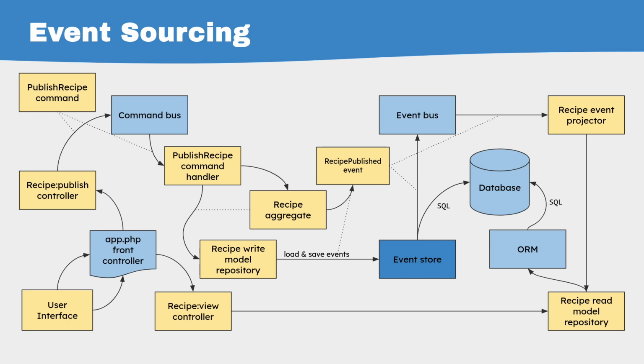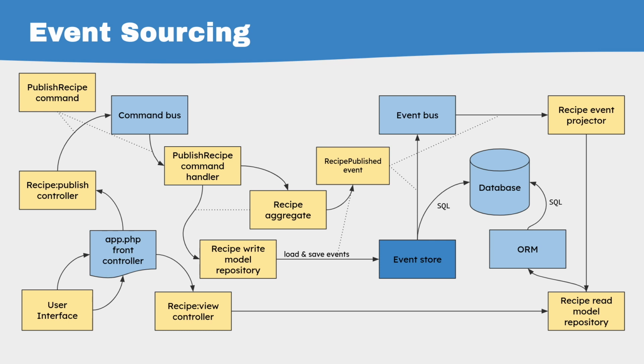You could use something like snapshotting, like every 100 events, just store the state of the recipe aggregate, and then you only have to apply the events after that. So that's not really a problem, and often in most systems, it's okay if writes or changes are a bit more expensive than reads.